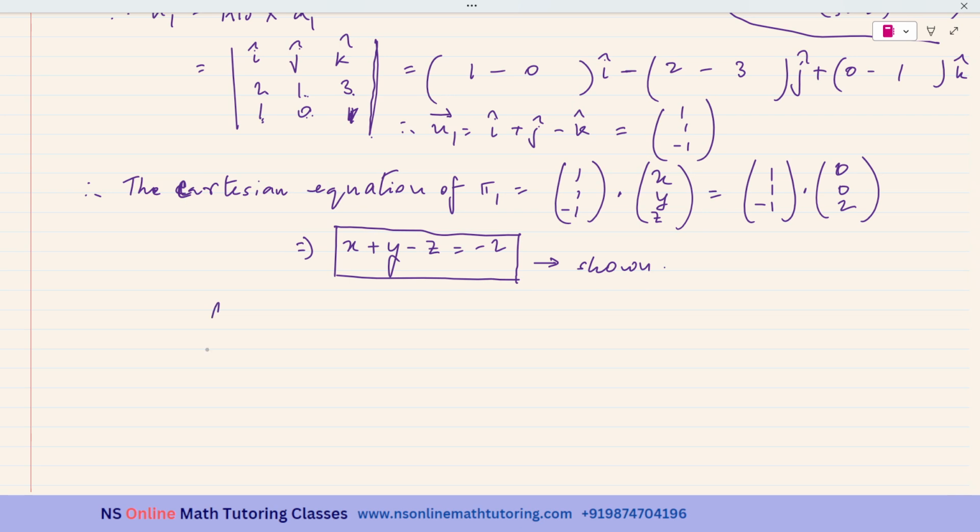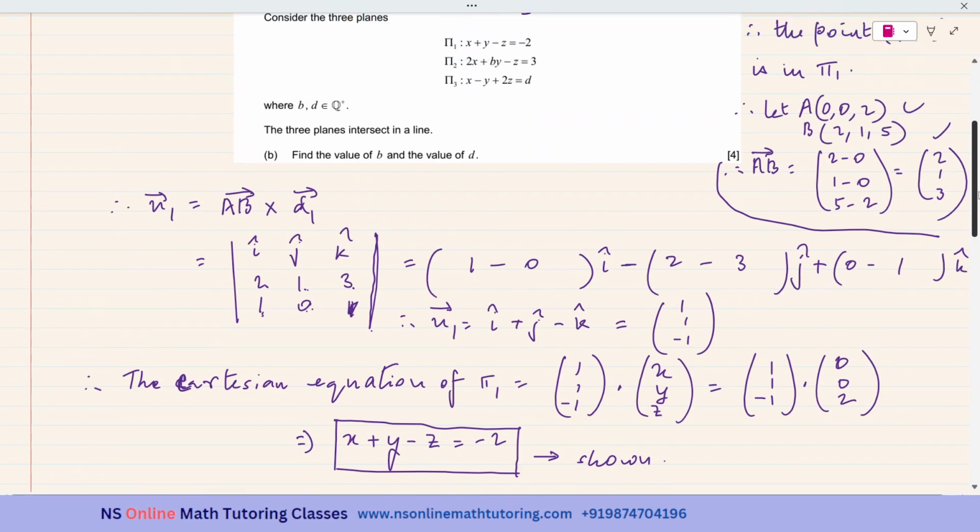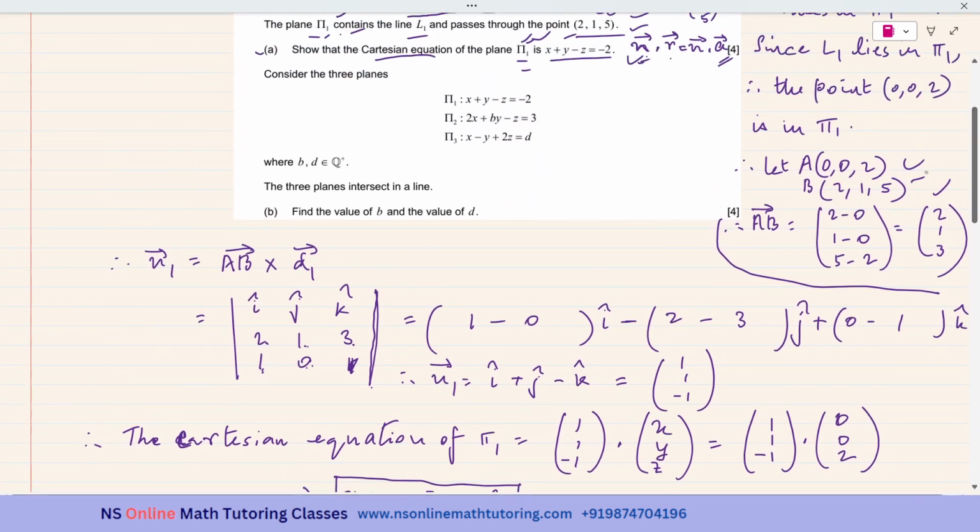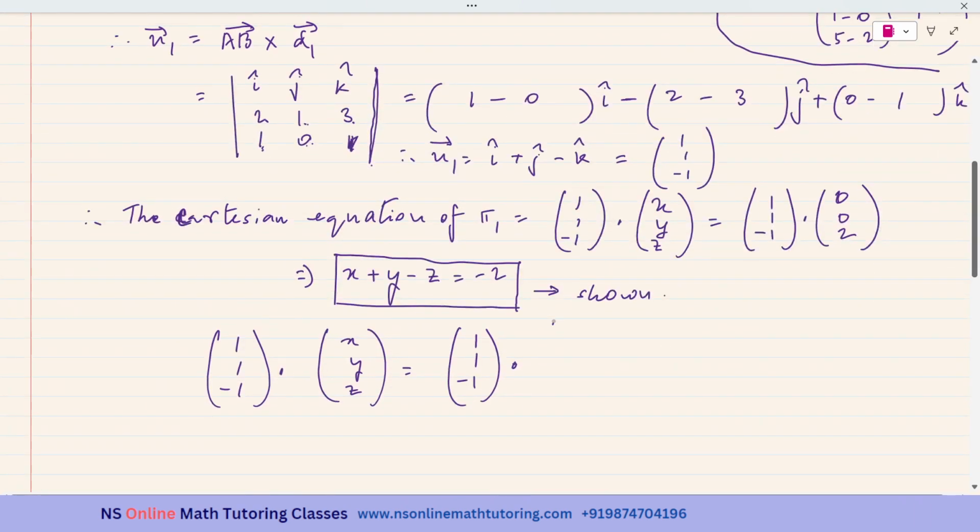Okay, let me see what happens if I take the other point, B. 1, 1, minus 1 dot x, y, z equal to 1, 1, minus 1 dot, and it was most probably 2, 1, 5, right? Yeah, 2, 1, 5. The position vector will be 2, 1, and 5.